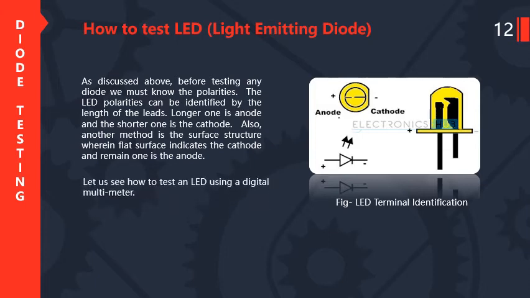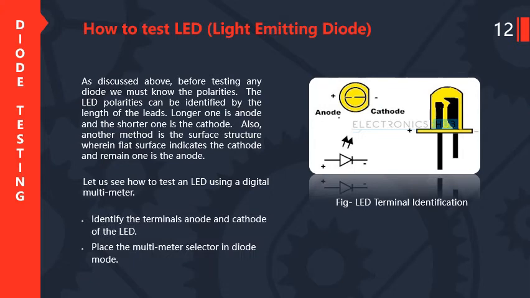Let us see how to test an LED using a digital multimeter. Firstly, identify the terminals, anode and cathode, of the light emitting diode. Second, place the multimeter selector in diode mode.